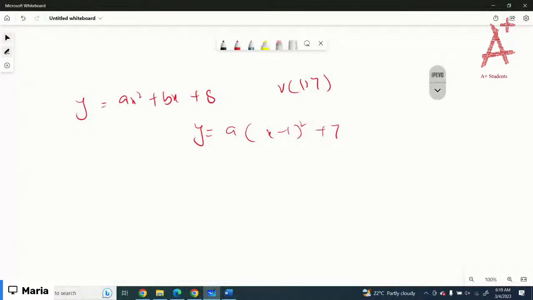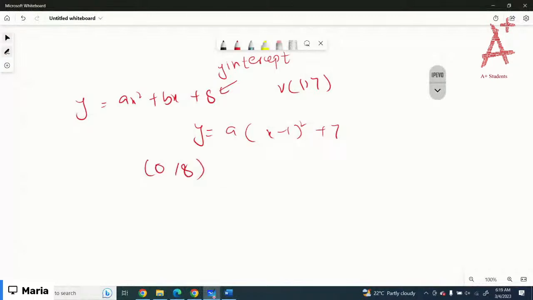You can look at the equation y equals ax square plus bx plus 8. 8 is the y-intercept, so that means it is at 0 and 8. This is the y-intercept.